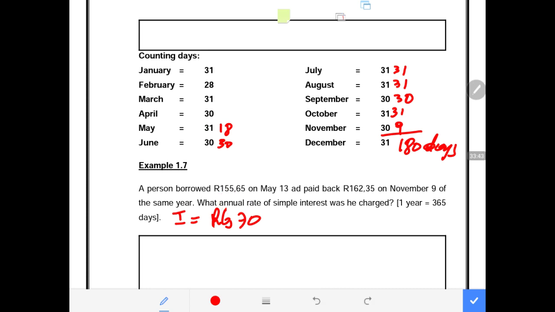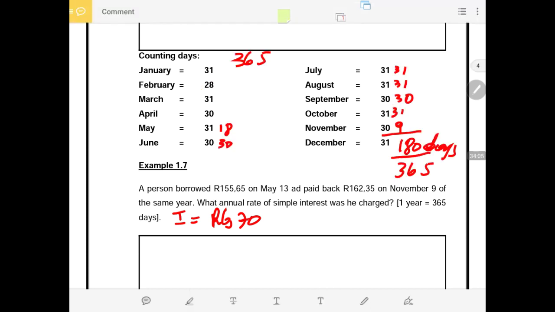Therefore, this means we need to calculate our N based on the number of days in a year. And they normally say, assume a year has 365 days. Why? Because we can say that February is ending on the 28th, so this will be 365 days in a year, except when February ends on the 29th, where it becomes 366.